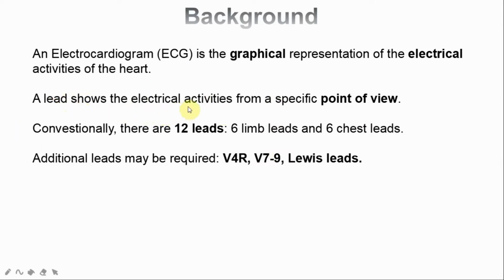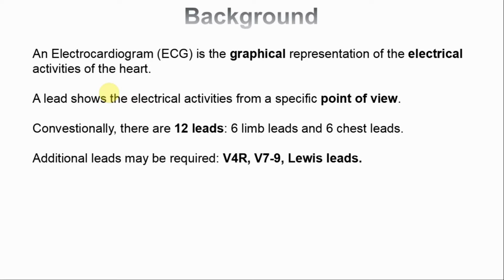If you look at the heart from a particular point of view, say the right side, left side, under surface, or from behind, then you will get an electrical graphical picture, and that is the lead. Please don't get confused between the lead and the electrode, because the electrode is the sticky bit which is connected on the surface of the body. That is not the lead. The lead is the computer giving you a picture from a particular point of view.